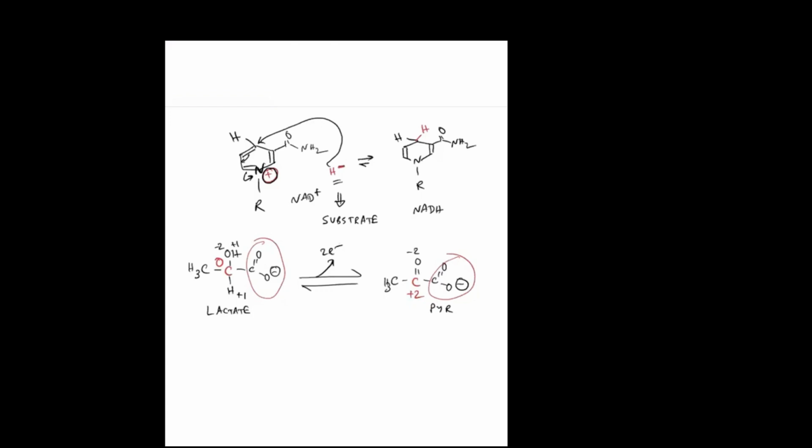Do I need NAD plus or do I need NADH? From left to right, you need NAD plus because it can accept the electrons. All right. So we need NAD plus because it is an oxidizing agent, right? It is used to oxidize. So we need NAD plus. Similarly, going from right to left, we need NADH because we will be reducing pyruvate to lactate.